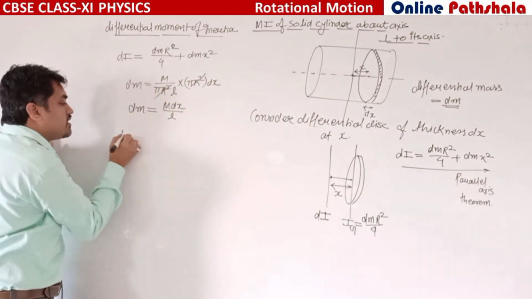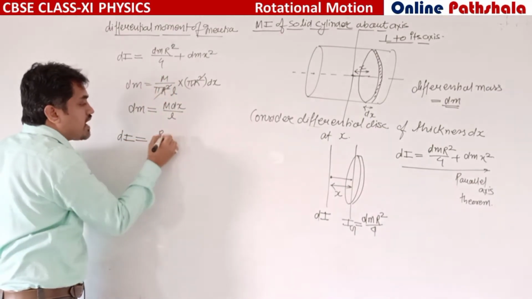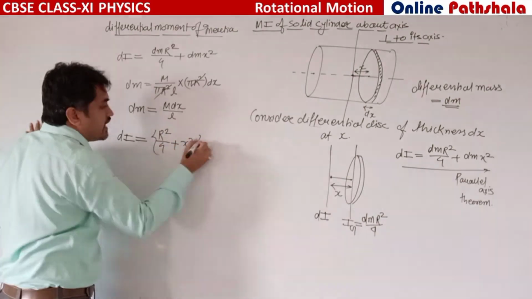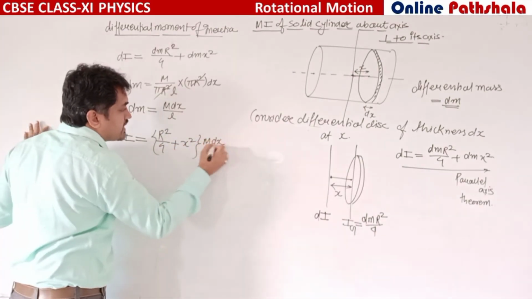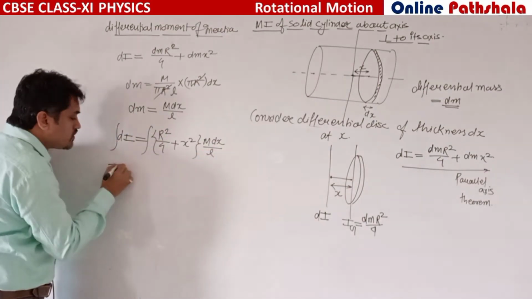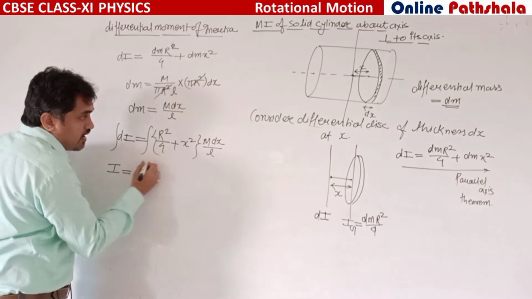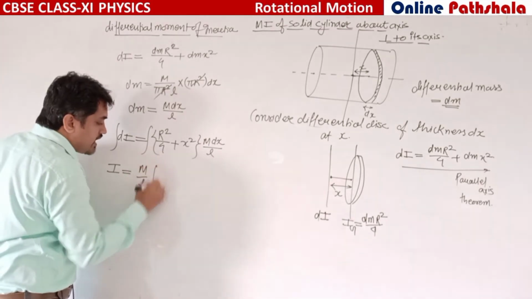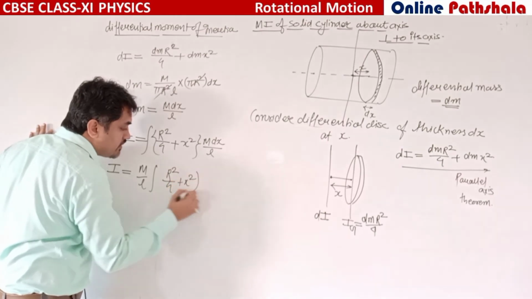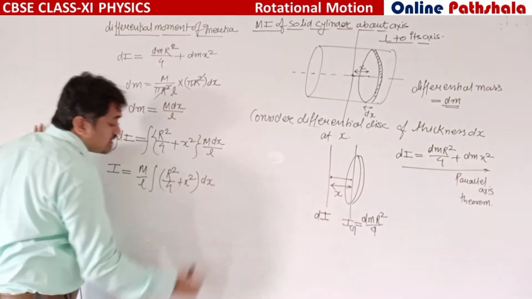Now I am putting the value of dm. We get r square by 4 plus x square in the bracket, capital M dx by L. Now we can integrate. M and L are constant, and we integrate r square by 4 plus x square with respect to x.